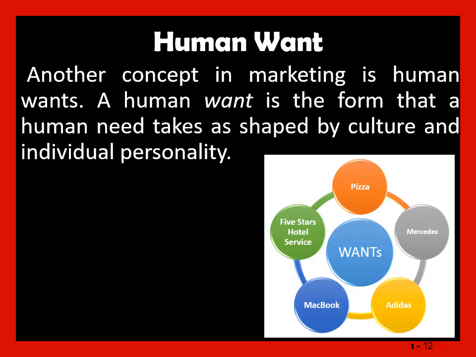On your screen you can see examples, like looking for a pizza, a premium automotive brand like Mercedes, a premium brand of footwear like Adidas, a MacBook, or five-star hotel services. These are examples of wants. These are the improvised version of the need.